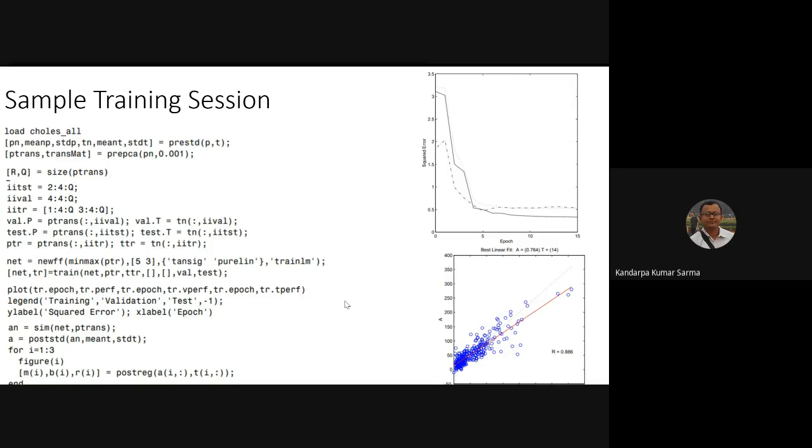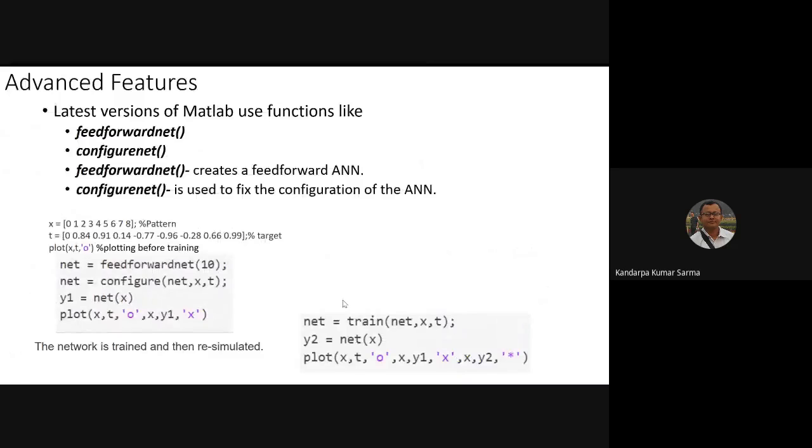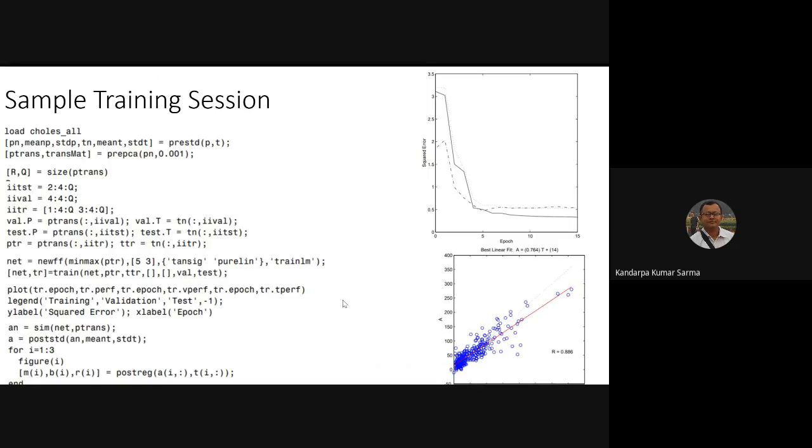Then we want to see what will be the result once we complete the training part. We want to see the simulation result. So we use the trained network, feed the patterns, the p trans, the complete set of features we have fed.